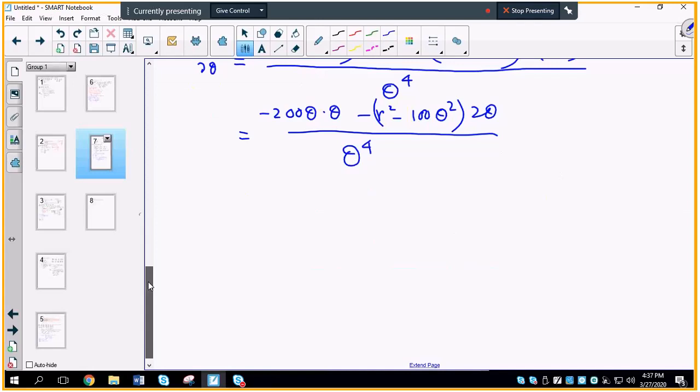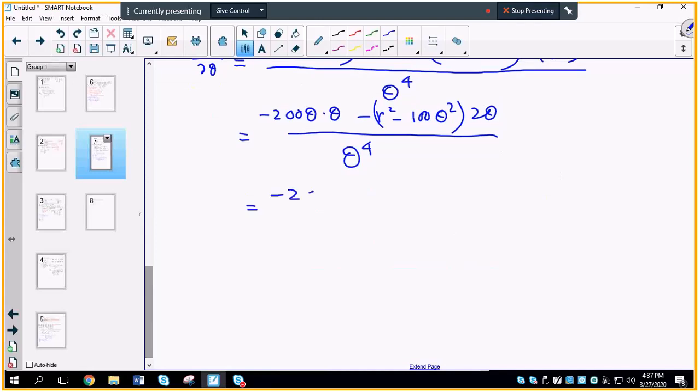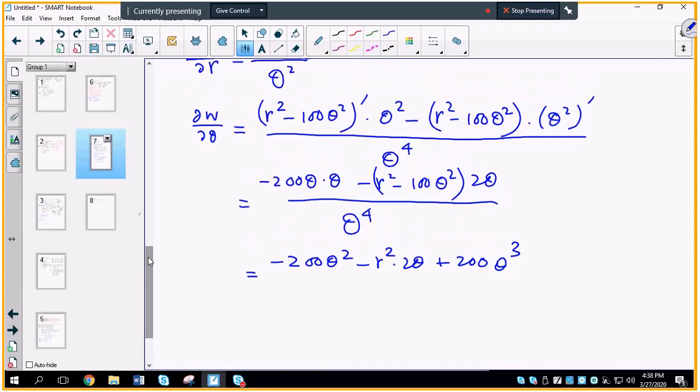So I get minus 200 theta cubed minus r squared times 2 theta plus 200 times theta to the power 3. And in fact, if you think of it, it should have been a theta squared, so that should be a theta cubed as well. And this term is all over theta to the power 4 on the bottom.